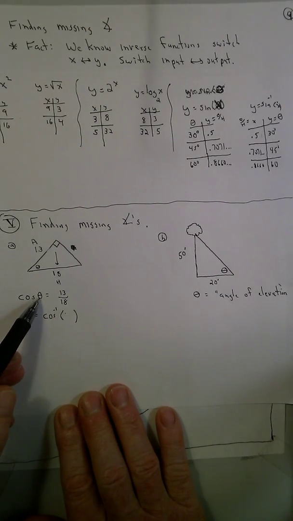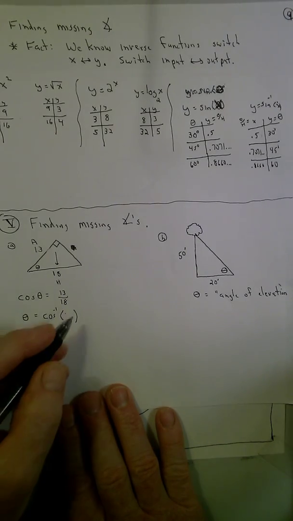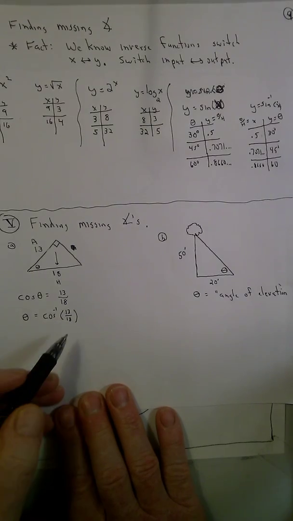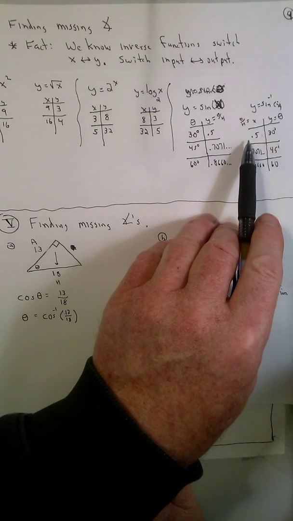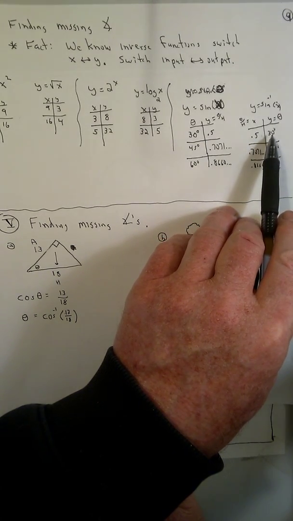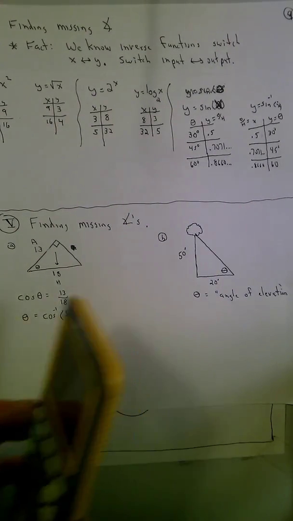Instead of inputting the angle, I input the fraction. So 13 over 18. Just like up here. When you input the fraction, out comes the angle. So now I just go to my calculator.